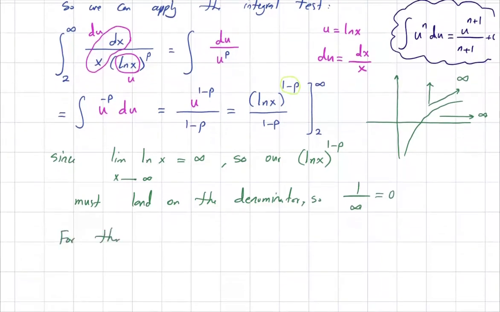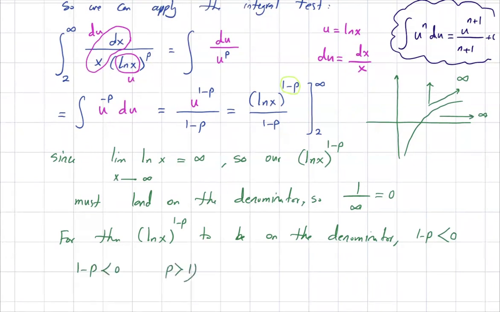For ln of x to power 1 minus p to be on the denominator, 1 minus p must be a negative value. Okay, it was easy. 1 minus p must be negative. P must be more than 1.